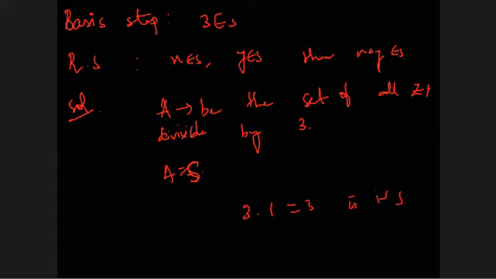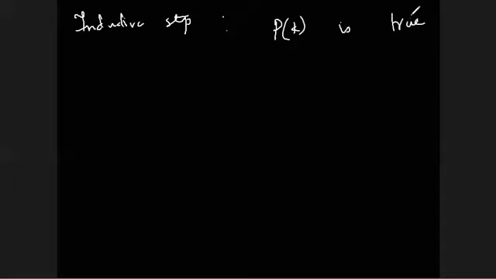And now what about the inductive step? For the inductive step, we are supposed to consider Pk is true. That is, if you remember, in mathematical induction, we start by assuming that Pk is true.